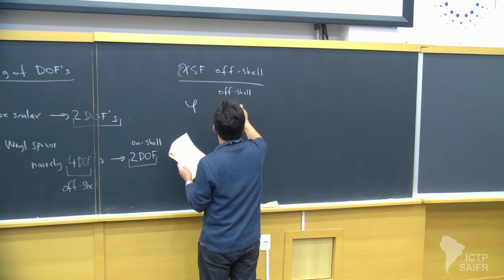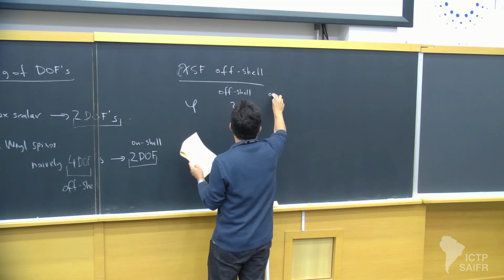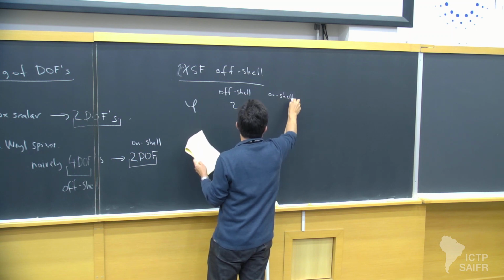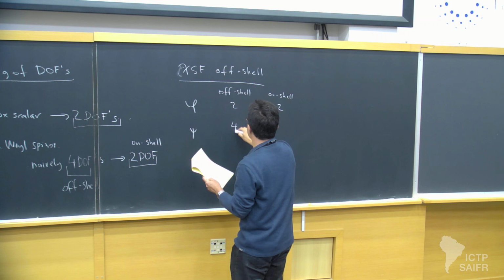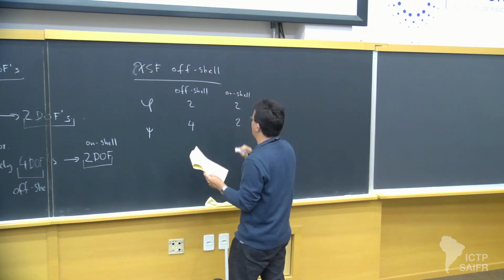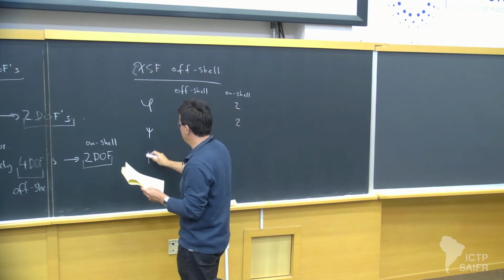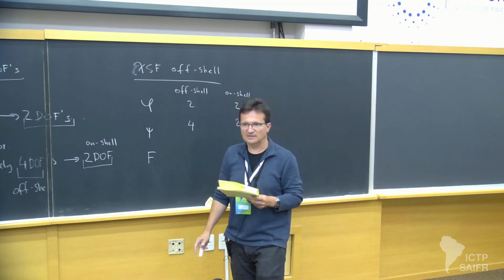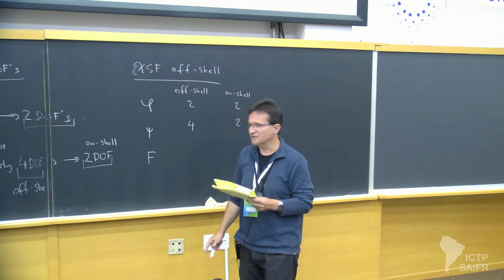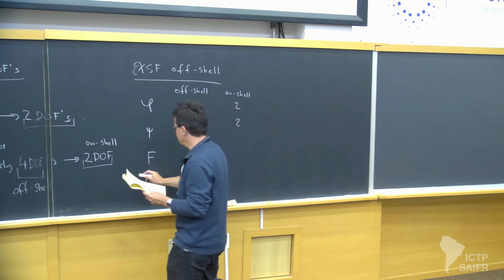There will be 2 degrees of freedom in the complex scalar off shell, and on shell also 2 degrees of freedom. For the fermion, there will be 4 degrees of freedom off shell and 2 on shell. And then there will be this other field. This is usually called F. That's what it's denoted in supersymmetry. So this will be the auxiliary field.